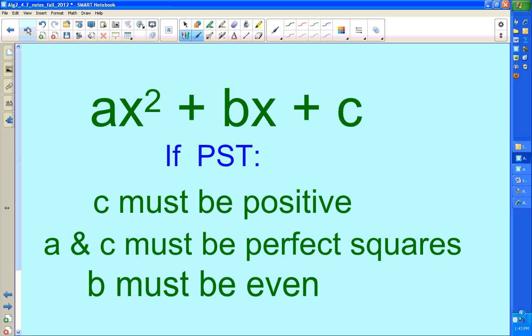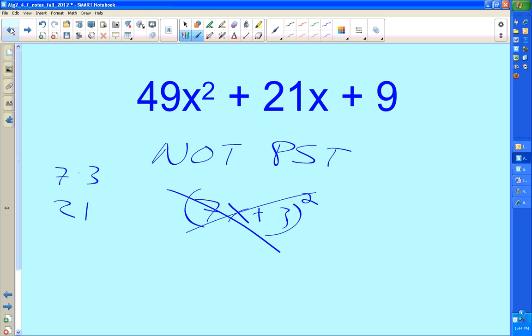I'm not saying at a conscious level you have to look at all of these things. They just have to be true. If A is not a perfect square, or C is not a perfect square, or B is not even, like this, B is not even, there's no way that can be a PST. Perfect square, positive, but odd in the middle? No way.